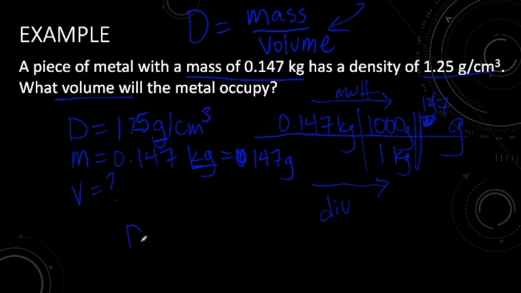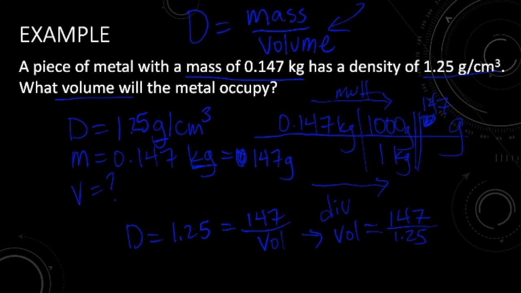Now we can plug into our equation. Our density is 1.25, and we know that's equal to 147 divided by our V, our volume. We do some quick algebra, and we know that we can set the volume equal to 147 divided by 1.25. We're going to plug this into our calculators to get our answer for our volume.